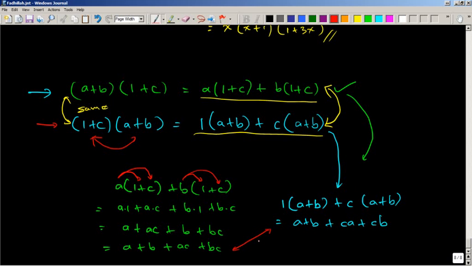Ada lain. Apa yang lain tu? Lain ke sama? Antara these two, A plus B plus CA plus CB, and this one, A plus B plus AC plus BC. Are they the same or are they different? Same kan? Yang you mungkin nampak different sebab ini AC, ini CA. But AC and CA, they're basically the same lah.